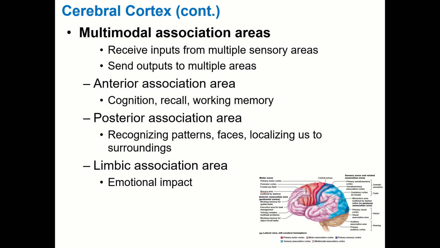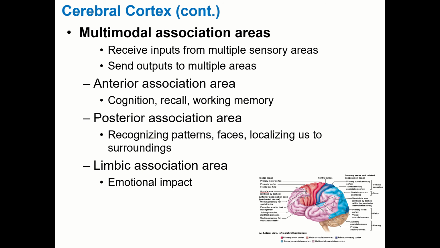The posterior association area, as you can see there, includes parts of the temporal, parietal, and occipital lobes. You can see on the slide that it's involved in recognizing patterns and faces, localizing us to our surroundings, and placing us in space. For example, in terms of the progression of things, let's say you're walking through the Williams Center and you see somebody walking toward you.